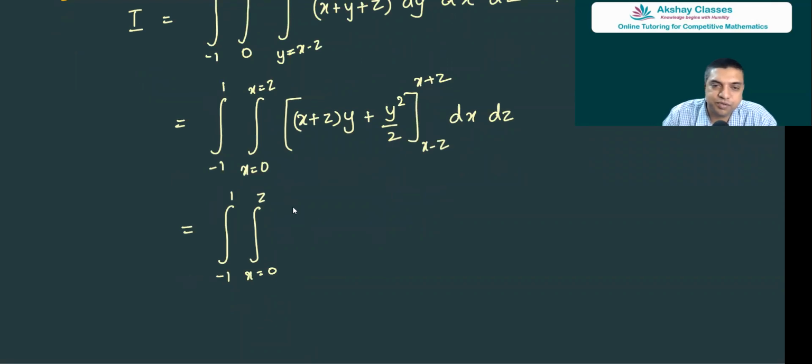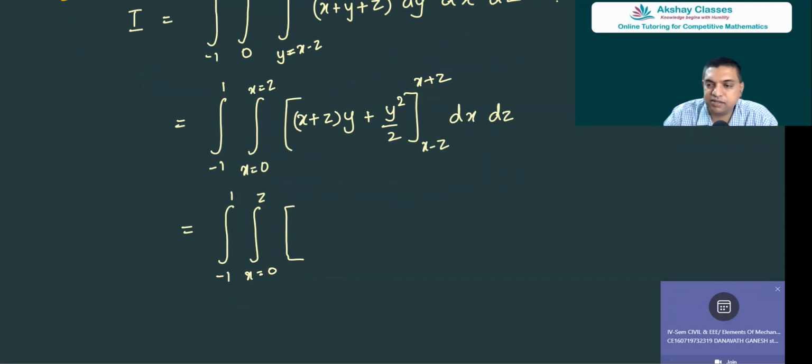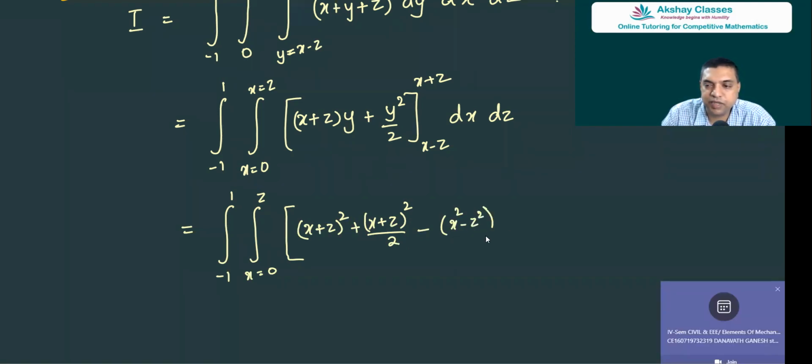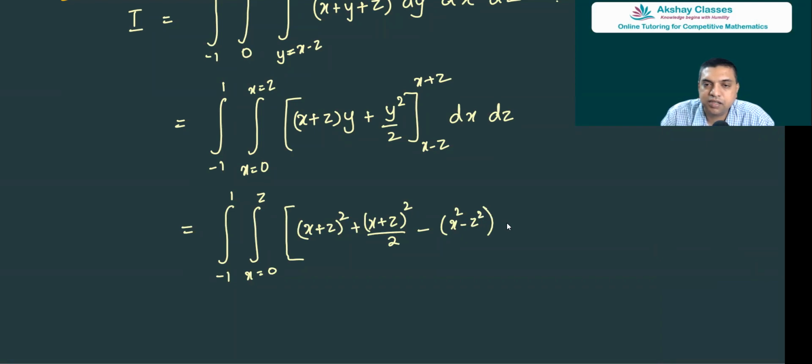So let us substitute. So when you substitute y is equal to x plus z, we'll get x plus z the whole square plus again x plus z the whole square upon 2 minus, substitute here, x plus z into x minus z will be x square minus z square, minus x minus z the whole square upon 2.